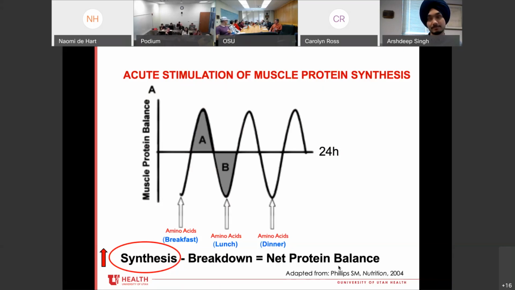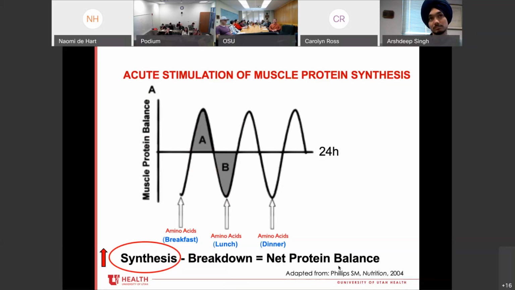As a follow-on from that, you mentioned in your talk why you chose 20 grams of protein. I think that's because that's where you see an effect. So is there a minimum amount of protein you need to have in a meal in order to see this going into the protein synthesis state rather than breaking down?